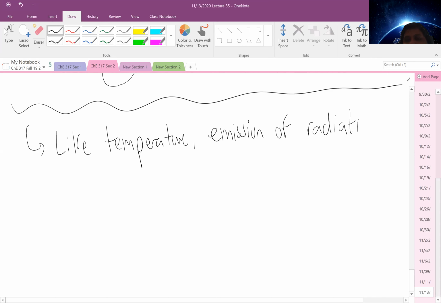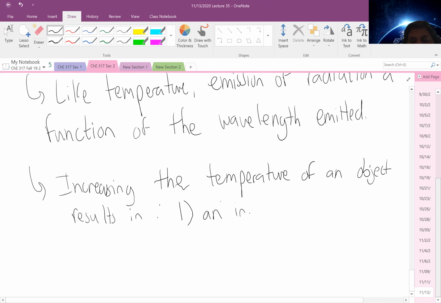The second implication that we find is that increasing the temperature of an object results in the emission, okay, I should say it in this way. It results in two things. One, an increase in emission that we can state by Stefan Boltzmann's law, right?